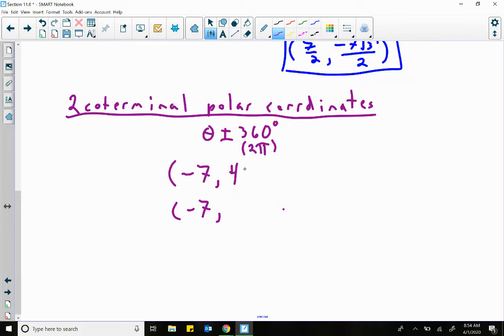So -7, comma 480 degrees matches. Or take 120 minus 360, -7, comma -240 degrees match.